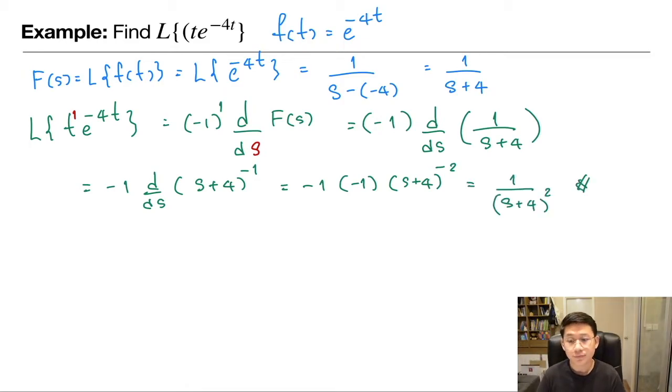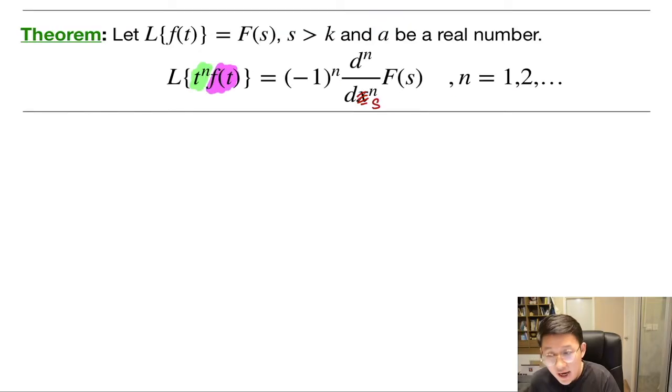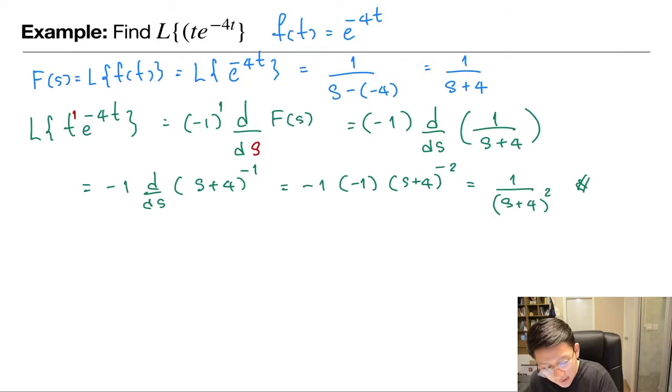That's it. So here we apply the second technique, which is t to the n f(t). First we find the Laplace transform of f(t), and then we differentiate that Laplace transform n times, and then we multiply it by minus 1 to the n. So here we take e to the minus 4t as f(t), and the Laplace transform of e to the minus 4t is 1 over s plus 4.